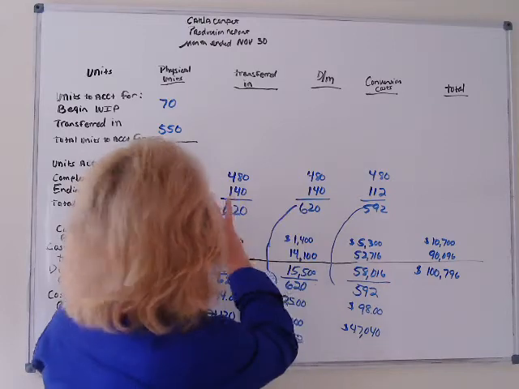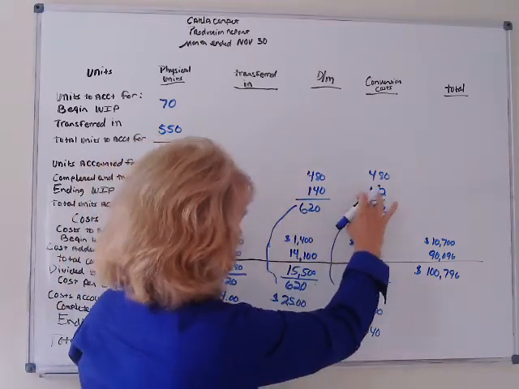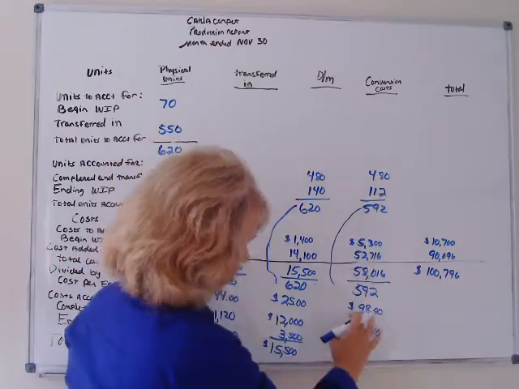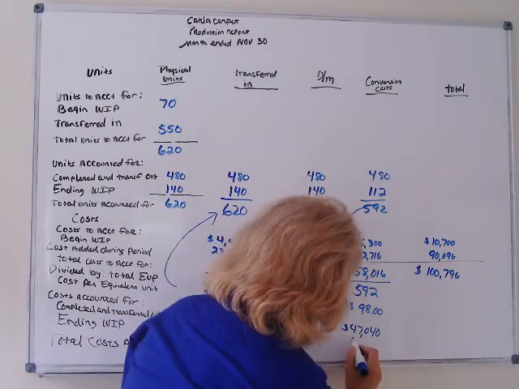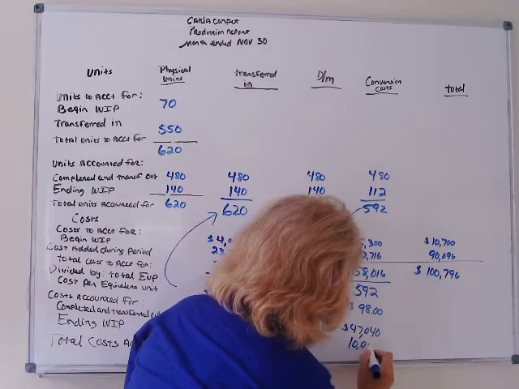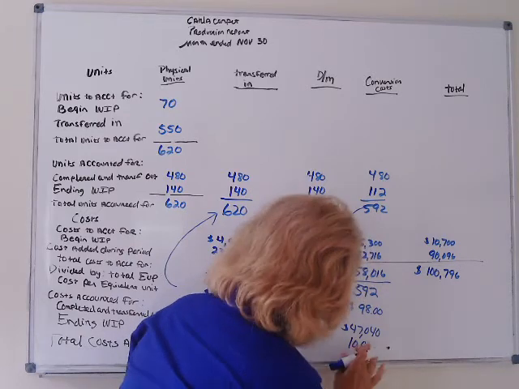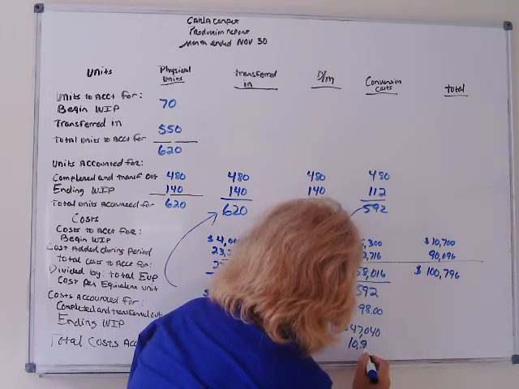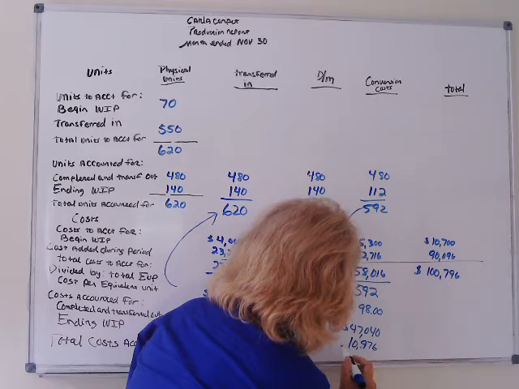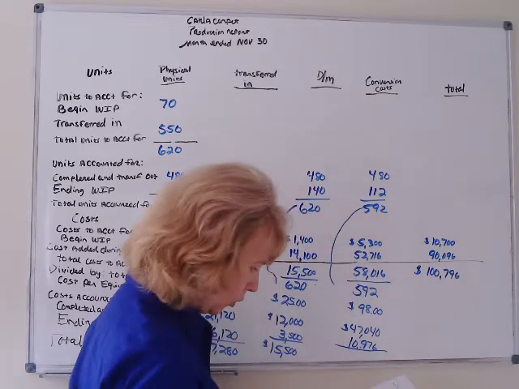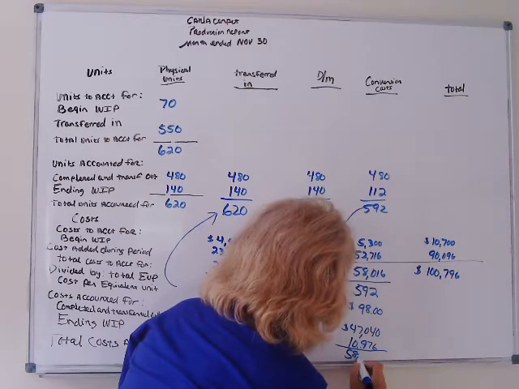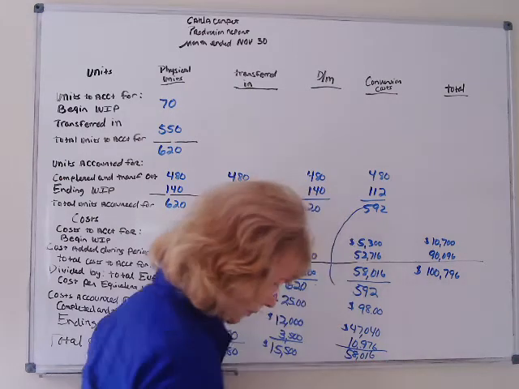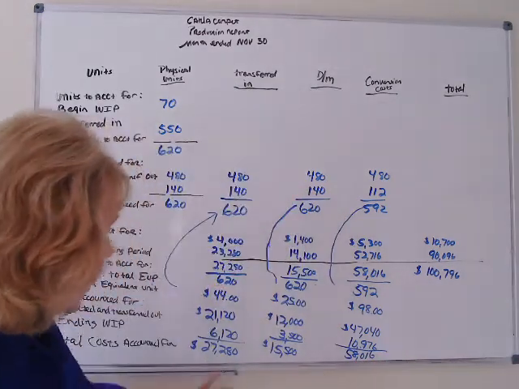Next, I'm going to take my ending work in process, which is 112, multiply it by 98, and that gives me 10,976. I totaled that up. That gives me 58,016.